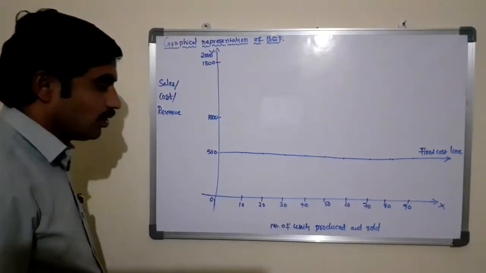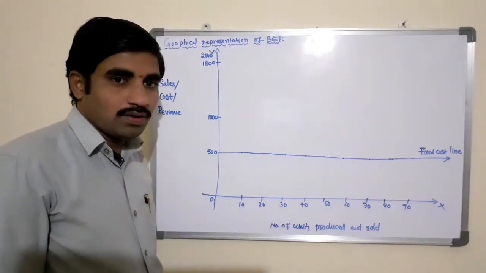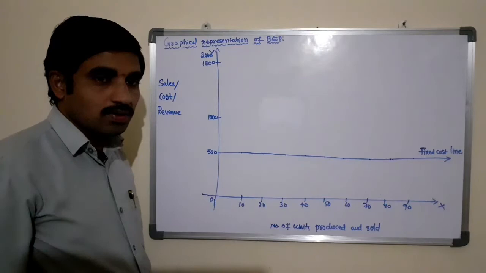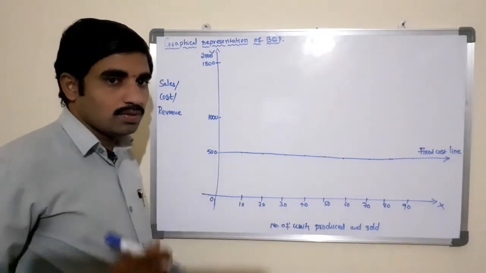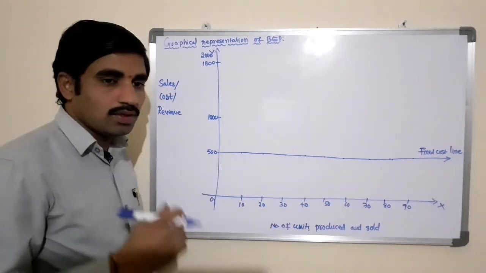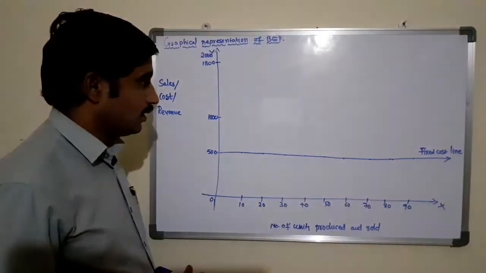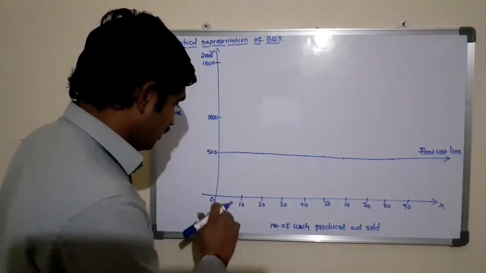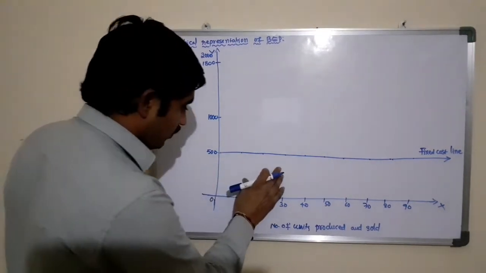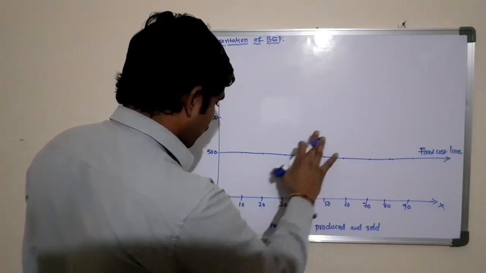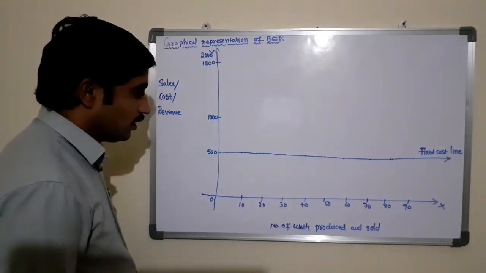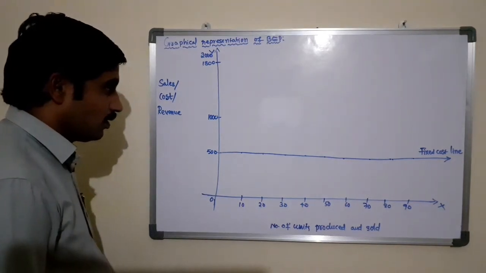Then the next column is variable cost column. The variable cost column shows 0, 100, 200, 300, 400, 500 till 900. So we need to point out the points here in order to plot the points and connect them to get the line that is called variable cost line.